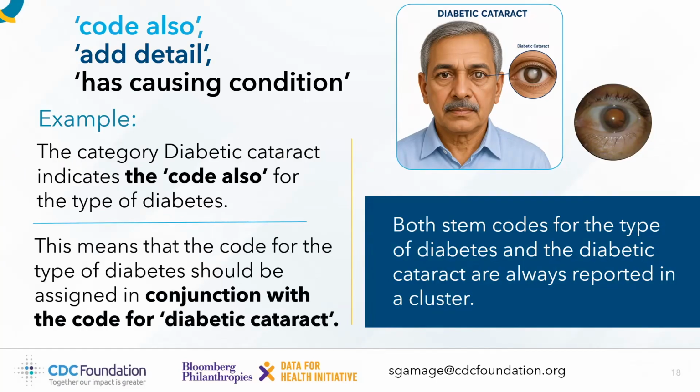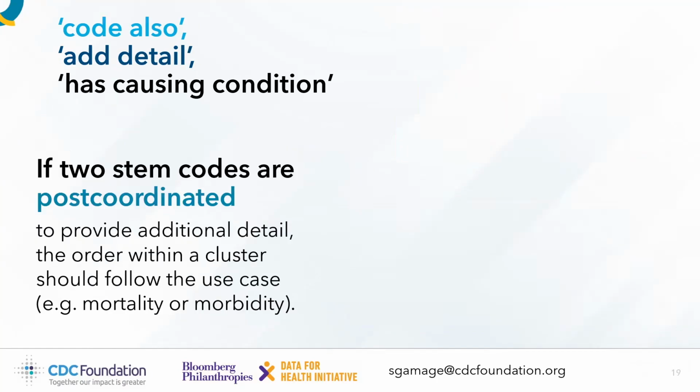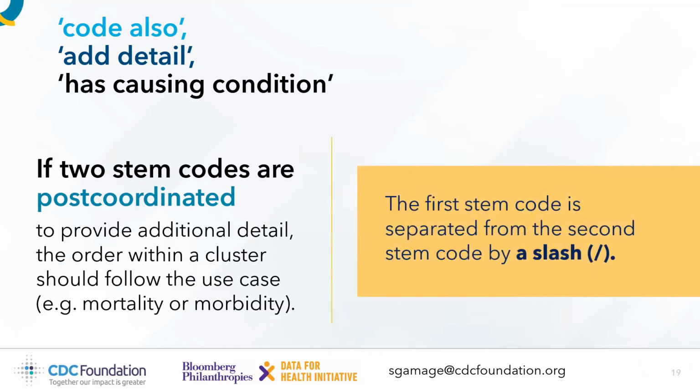Two stem codes are post-coordinated to provide additional detail. The order within a cluster should follow the use case, example, mortality or morbidity. The first stem code is separated from the second stem code by a slash.